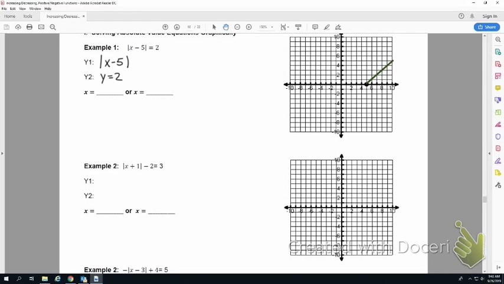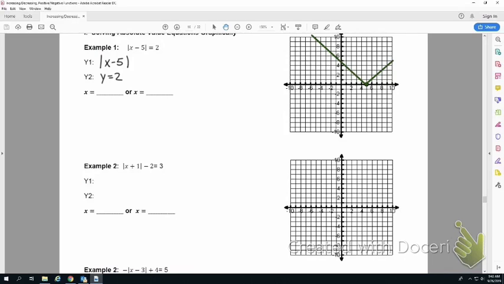And then I'm going to graph it there. I'm going to have a slope of 1. You need to make sure that you graph this accurately, because whenever we find the solutions, we're going to find the solutions where the two lines intersect.